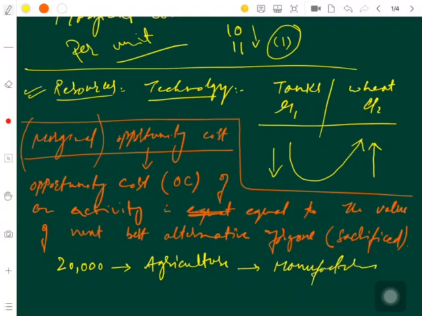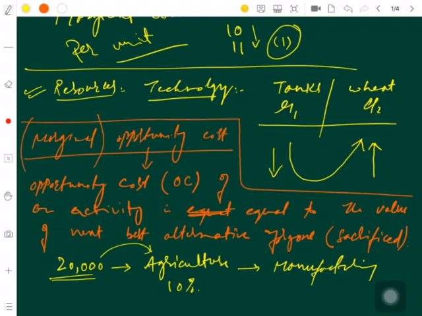Okay, manufacturing. If I am investing these rupees 20,000 in agriculture, I'll be able to earn, let us say, 10%. That means I'll be able to earn 10% by investing this rupees 20,000 in agriculture.